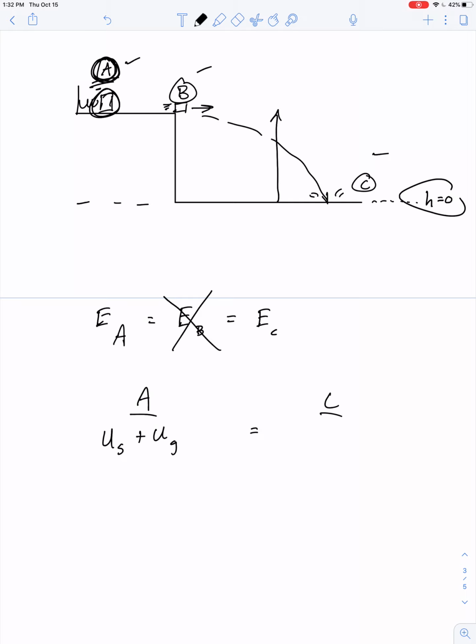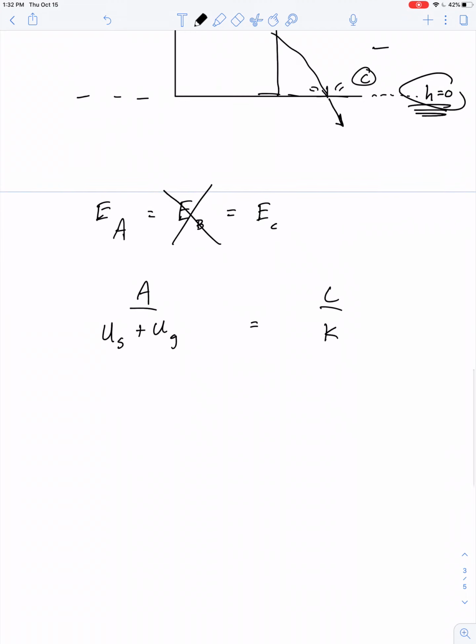Now, at point C, all that energy in the spring has been released, and the object is back at our reference level. So all we have now is an object impacting the ground with some kinetic energy. Okay, so we get 1/2 kx squared plus mgh equals 1/2 mv squared. And we're trying to solve for this speed at impact.